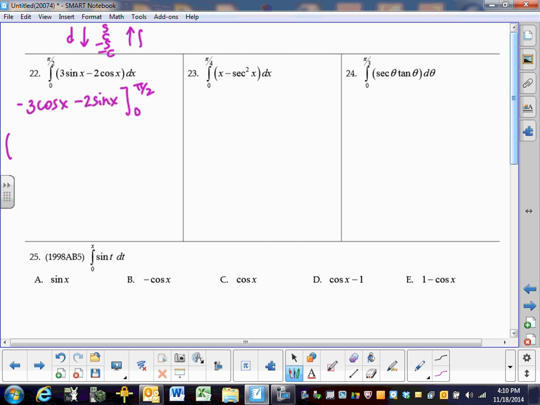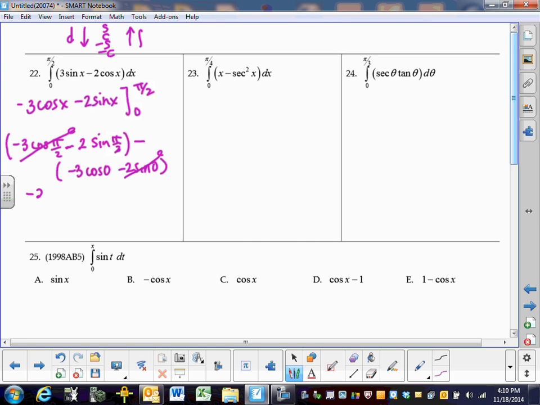So top minus bottom, parentheses are necessary. Negative 3 cosine pi over 2 minus 2 sine pi over 2, minus, plugging in the bottom, parentheses, negative 3 cosine 0, negative 2 sine 0. So the cosine of pi over 2 cancels because that's 0. The sine of 0 is 0, so this piece cancels.